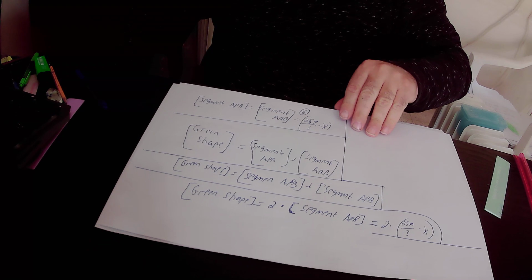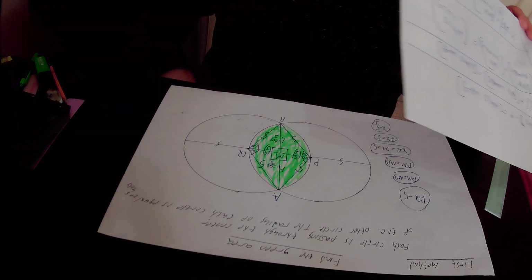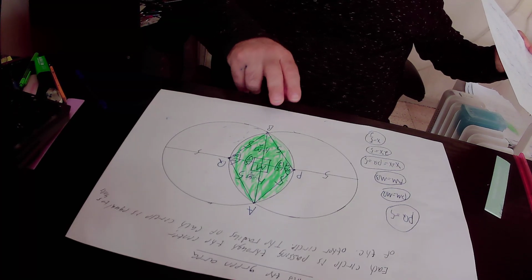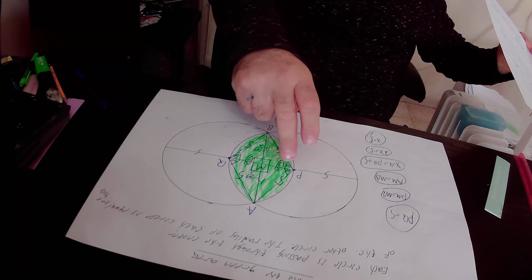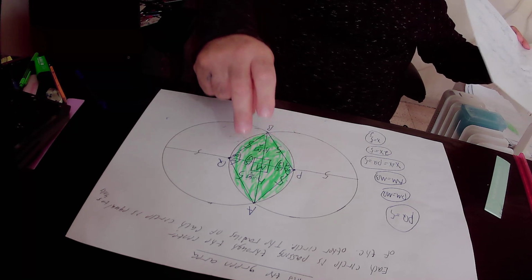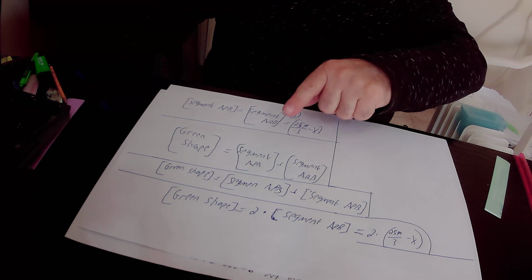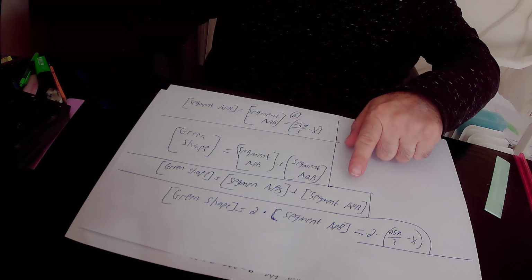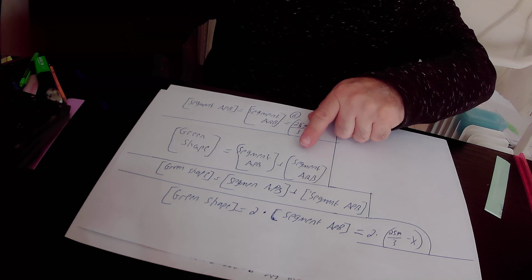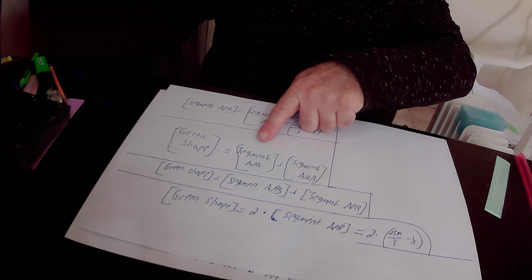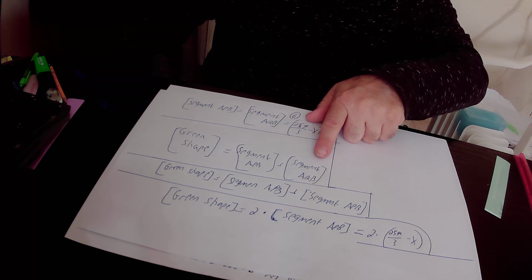And what is the area of the green shape? The area of the green shape equals the area of segment APB plus the area of segment AQB.